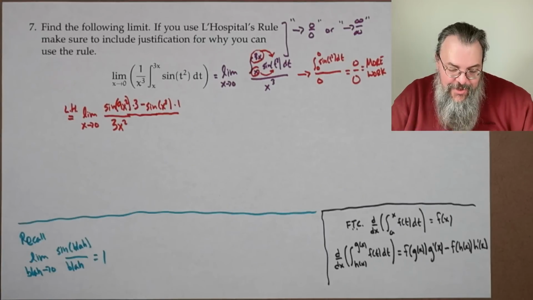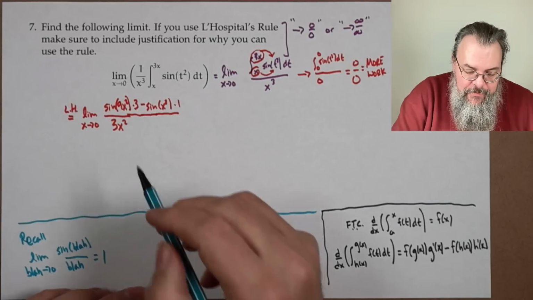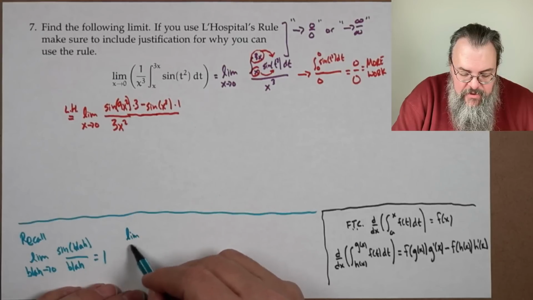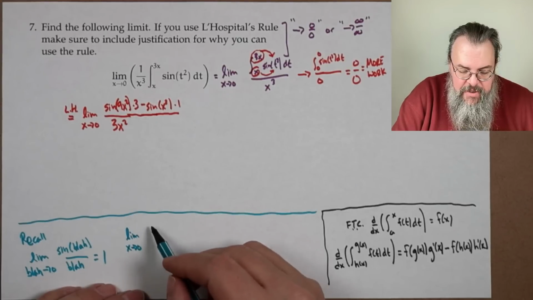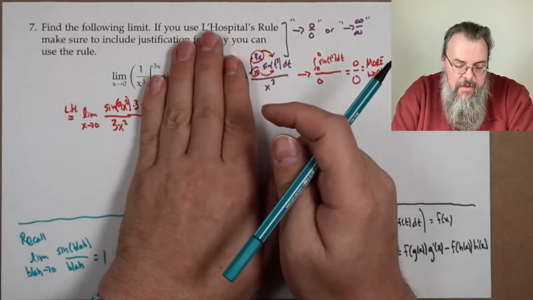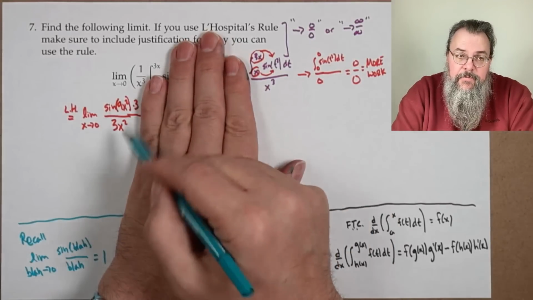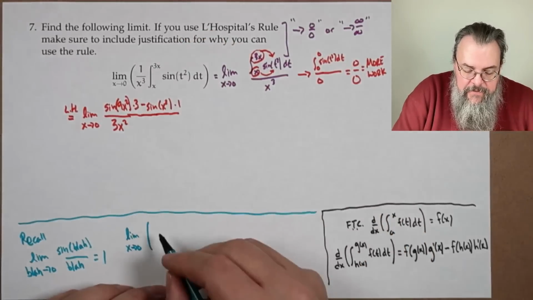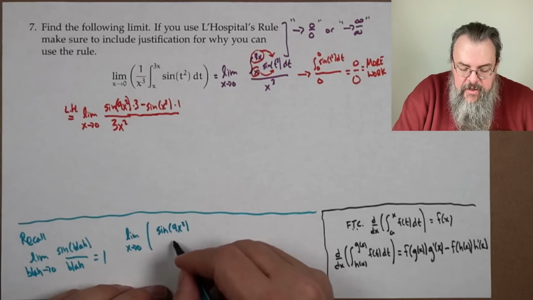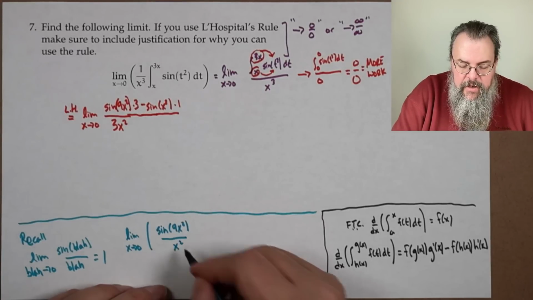Okay, so let's look at our pieces here. So the first part, we have a limit as x goes to 0. I'm going to think of these as two separate pieces. Now, here, if we cover up this part, the 3's cancel. So we really have a sine of 9x squared over x squared. That's the first part.